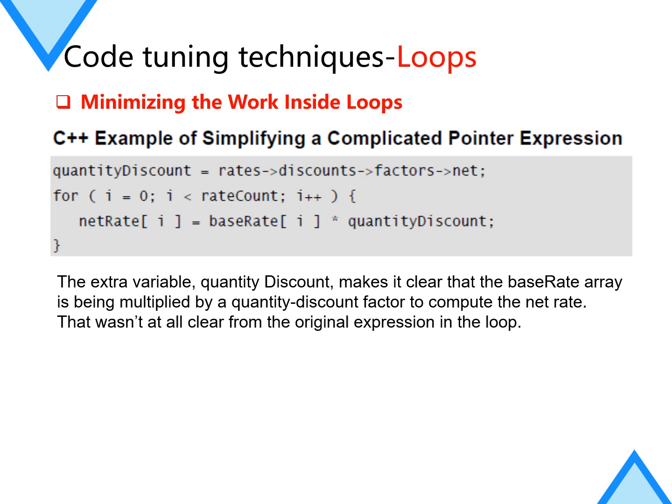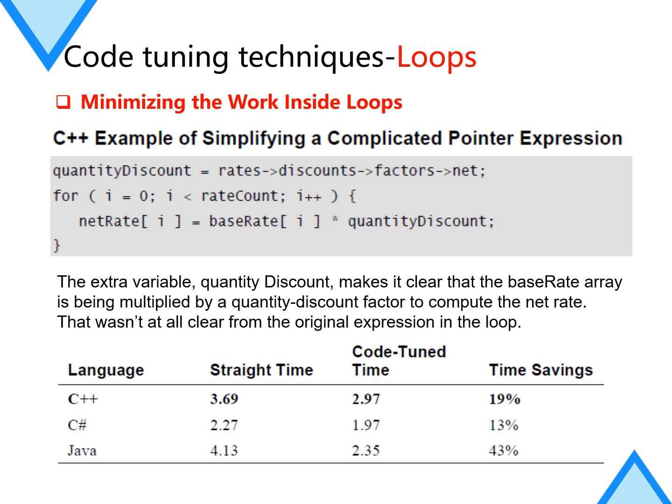It was not at all clear from the original expression in the loop. If we apply this technique in case of C++, the time saving will be 19%. In case of C Sharp, the time saving will be 13%. And in case of Java, the time saving is tremendous, 43%.